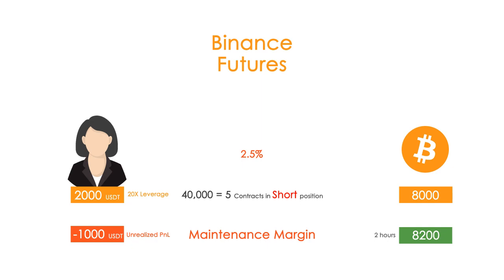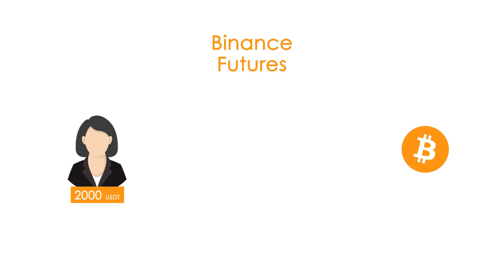3 scenarios could happen here. The exchange calls Jane to increase her collateral simply by adding Tether to her futures account. This is called a margin call. Or Jane closes her position and would end up having $1,000 remaining in her account. Or Jane fails to exercise those 2 options and she would lose all of her money by automatic liquidation.